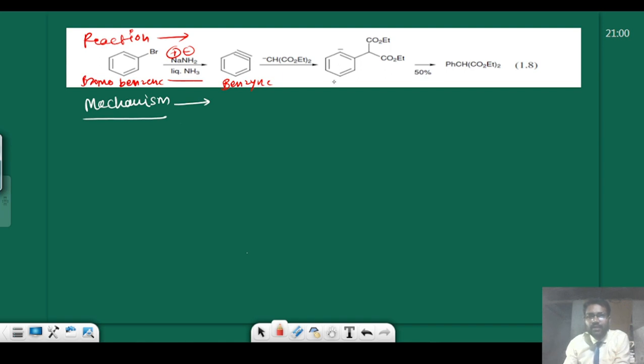This is unstable, because a charged anion species is present over here. Again it will take a proton from the solvent medium, and there is a formation of this particular product. This is our final product.